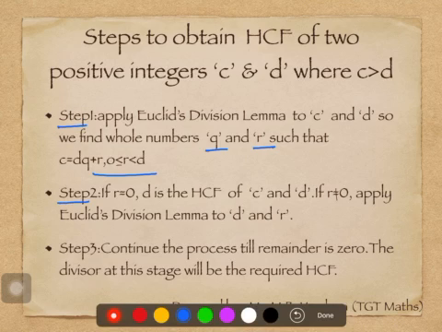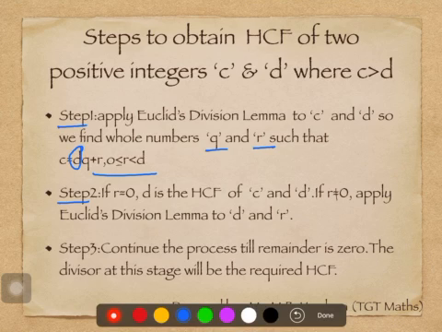Now step 2 is what? If the remainder R is equal to 0, then the divisor D is the HCF of C and D. The numbers we have taken, C and D, are positive integers. The HCF of C and D is here D. Why?